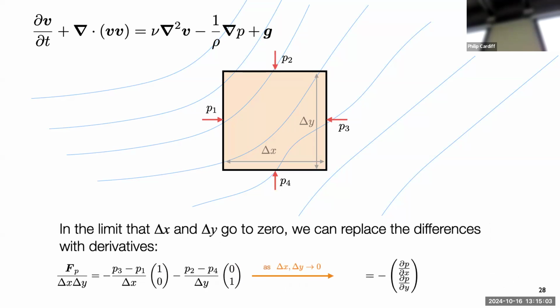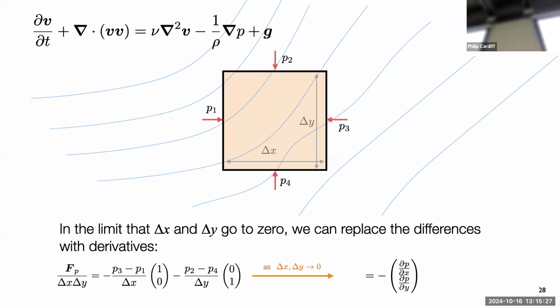So as we let delta x and delta y go to 0, these differences become partial derivatives. So P3 minus P1 over delta x, as delta x goes to 0, is just the definition of dp dx, how pressure changes in the x direction.